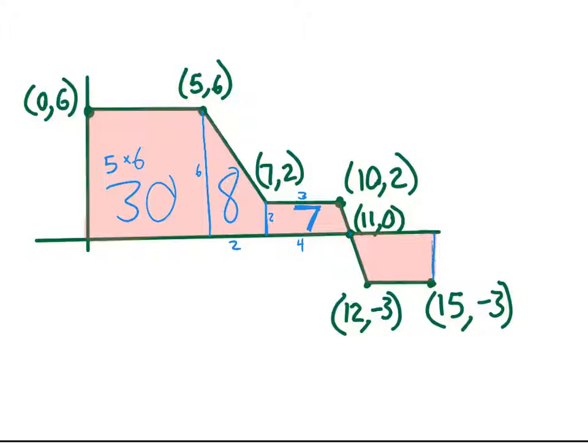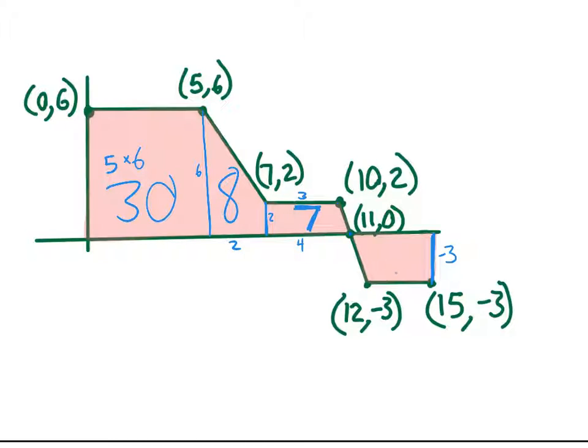And then check this out over here. That's another trapezoid. Now look at this. The height on this one, because it's below, is actually -3.